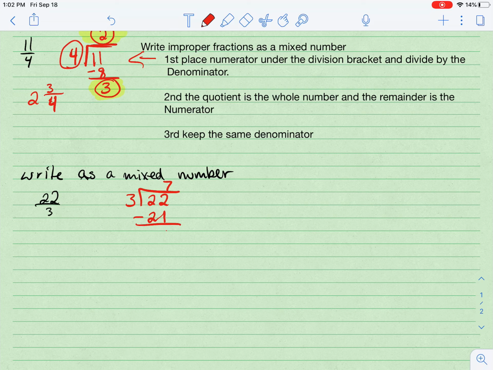When you subtract, you're left with 1. 1 is our remainder. So this is our whole number right here, our remainder, and this was our denominator. The denominator doesn't change. So I can write this as 7, our remainder is our new numerator, and our denominator stays the same.